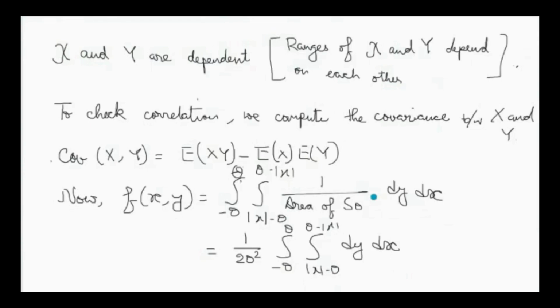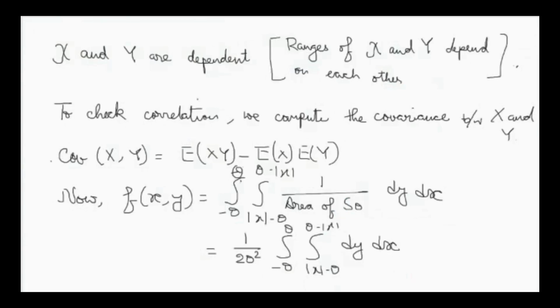In order to check the correlation, we compute the covariance between X and Y. Covariance of X and Y is expectation of XY minus expectation of X times expectation of Y. Now, the joint PDF of X and Y is given by this: the range is essentially the range of S theta, where mod y lies between mod x minus theta and theta minus mod x, and minus theta less than x less than theta, and 1 by area of S theta, since (X, Y) follows the uniform distribution in the region S theta.